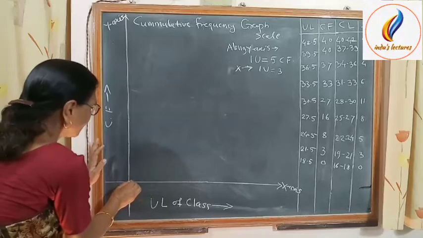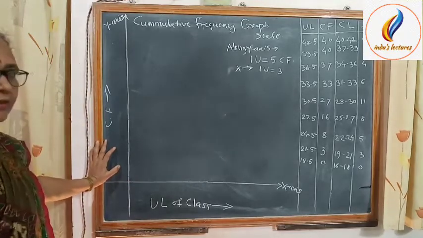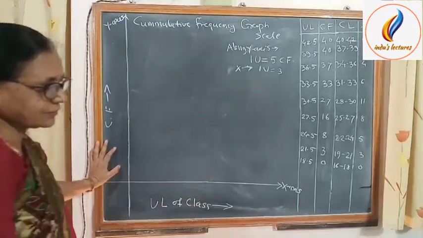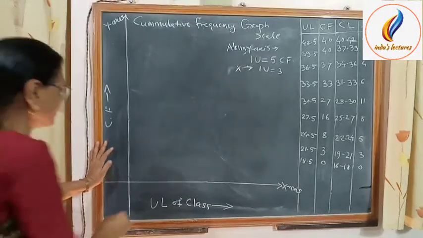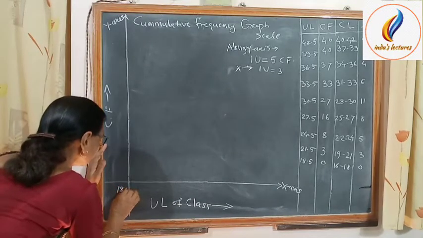At the point of intersection we will take the upper limit of the last class interval 16 to 18, which is 18.5.